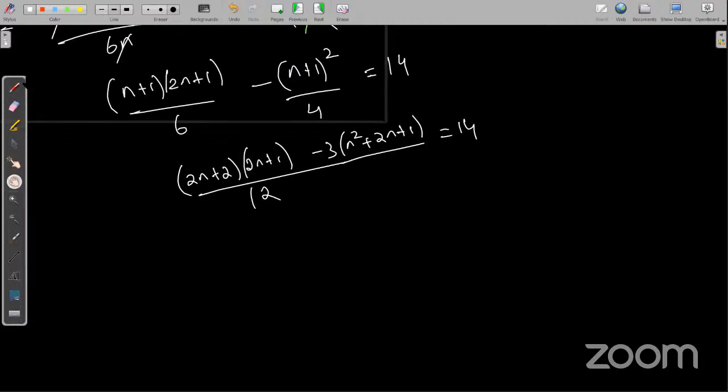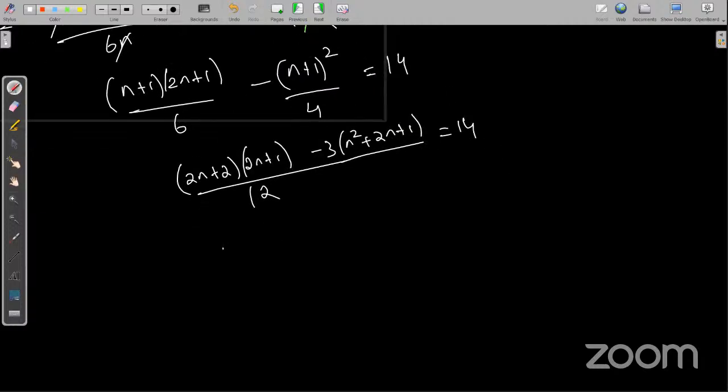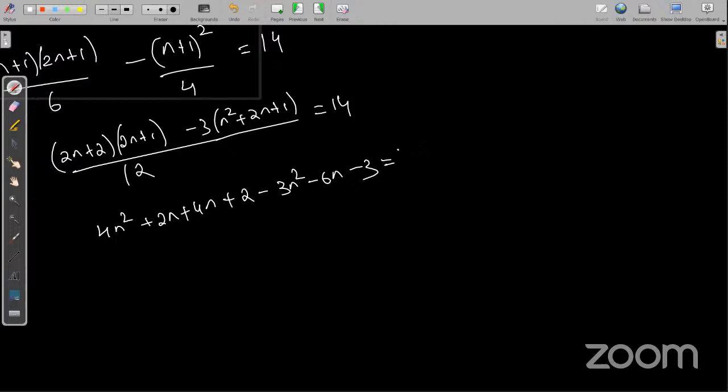Just solve it, guys, faster. What are we getting? 4n square plus 2n plus 4n plus 2 minus 3n square minus 6n minus 3 is equal to 168, right? 12 into 14 we have to do. So we got n square, and the 2n, 4n, 6n got cancelled. That's fine. Minus 1 is equal to 168, guys.